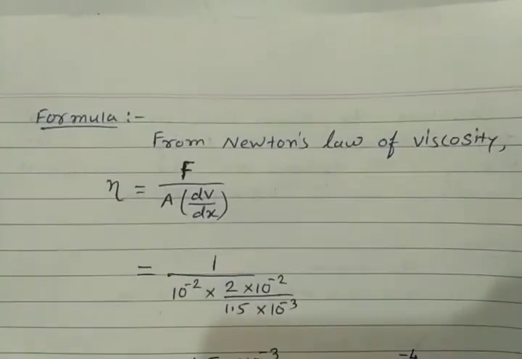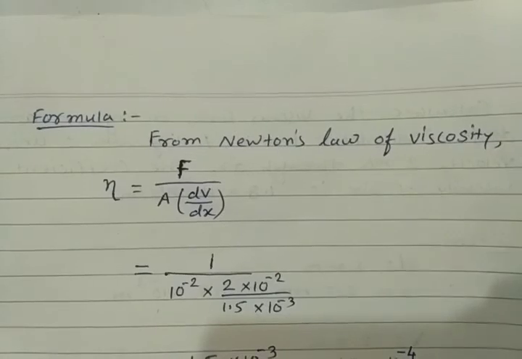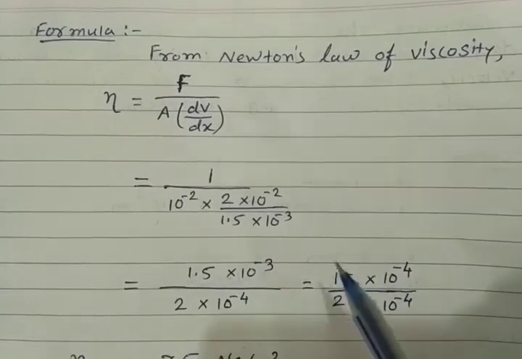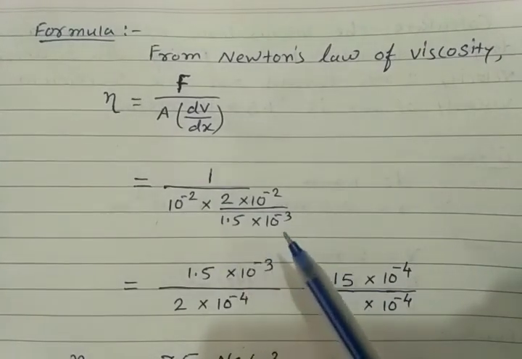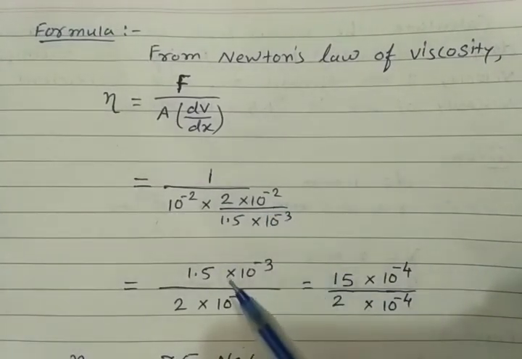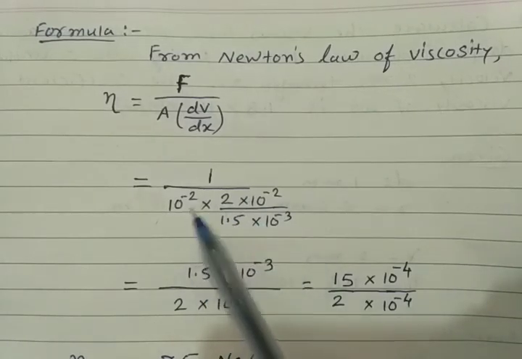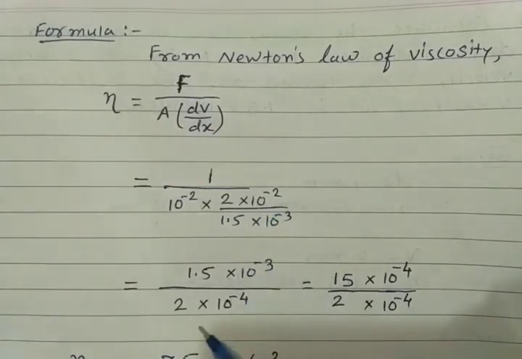Substituting all these values in this formula and simplifying, 1.5 into 10 raised to minus 3 will go to the numerator, and this 10 raised to minus 2 and this 10 raised to minus 2 will become 10 raised to minus 4. Shifting this decimal point towards right, it becomes 15, and 10 raised to minus 3 becomes 10 raised to minus 4.